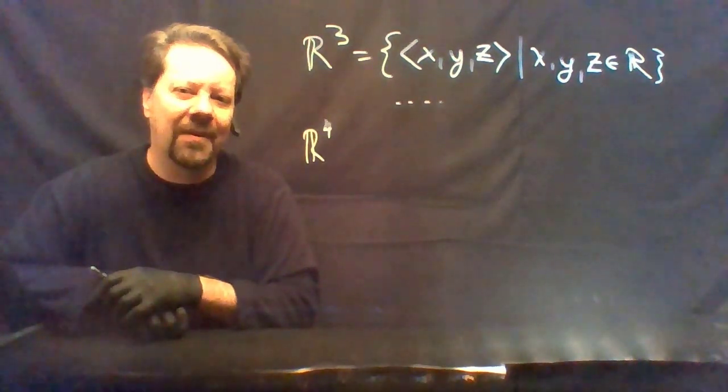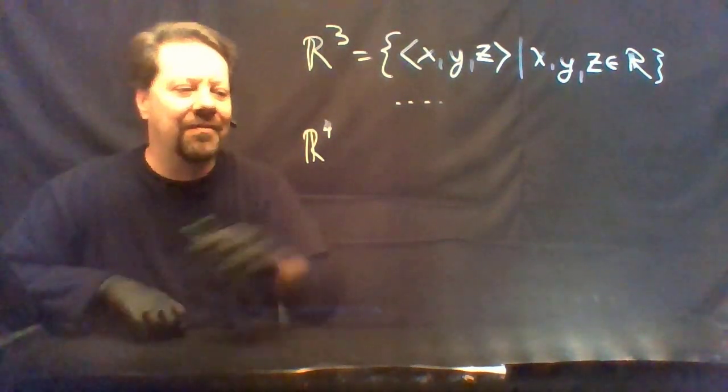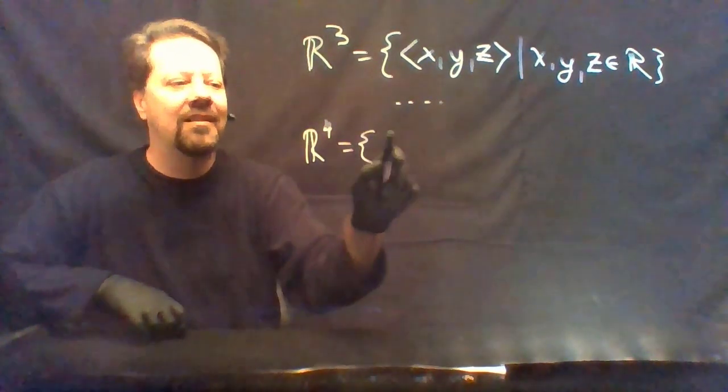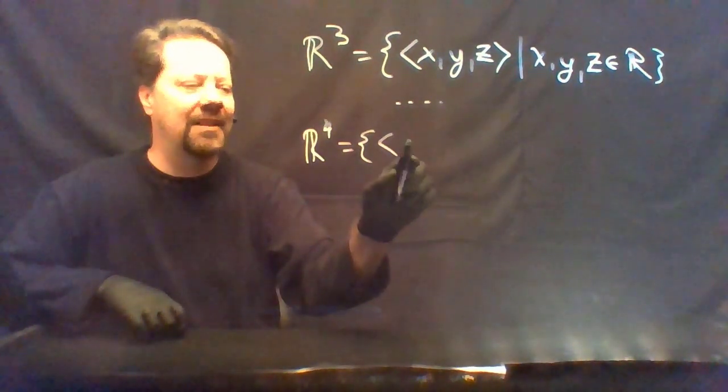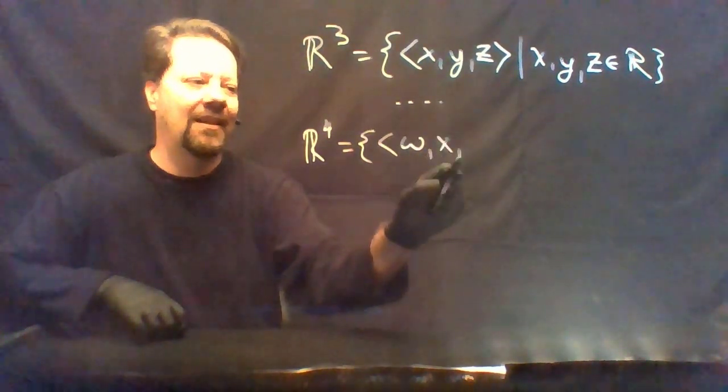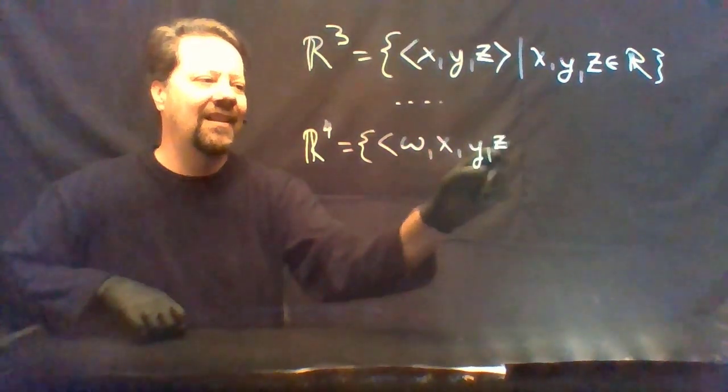What about R4? Couldn't we have an R4? Becoming a little tedious, but how about w, x, y, and z?